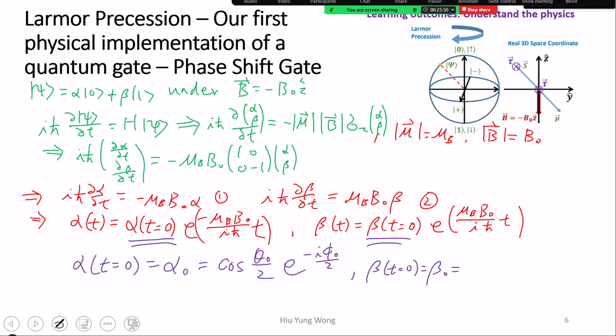Not opposite, but, you know, of alpha. What is that? Not opposite of sine, but sine theta over 2. Thank you. And then e to the i phi 0 over 2. Yeah, very good.